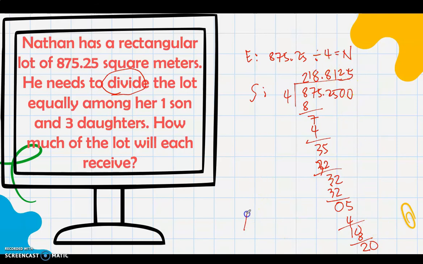Therefore, each child will receive 218.8125 square meters of lot.